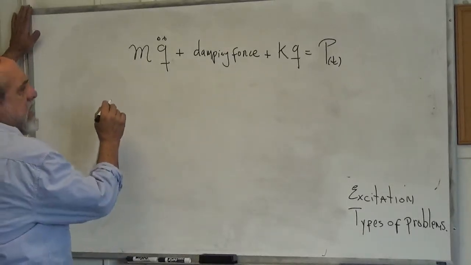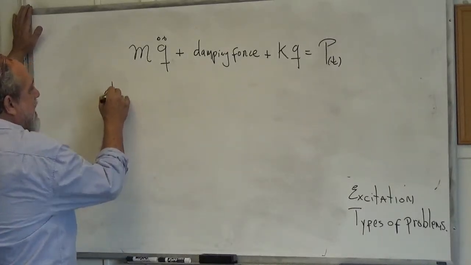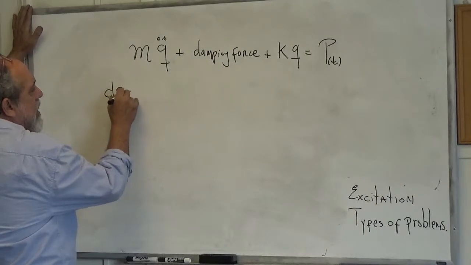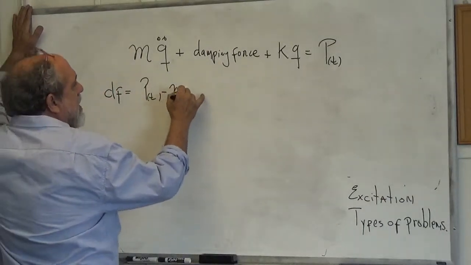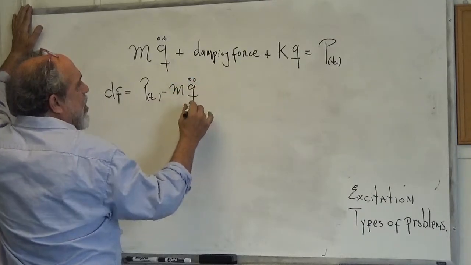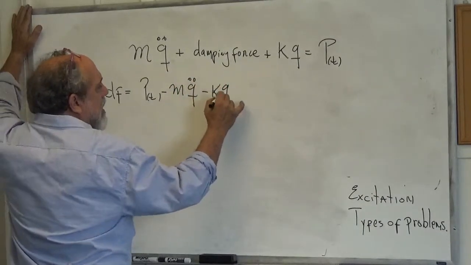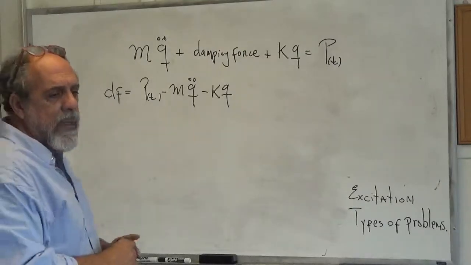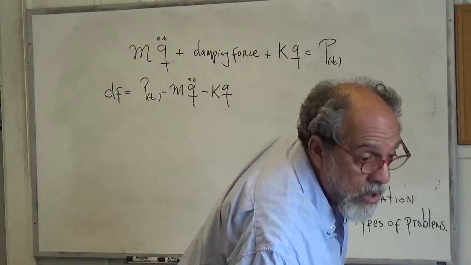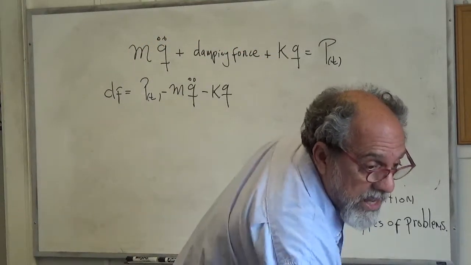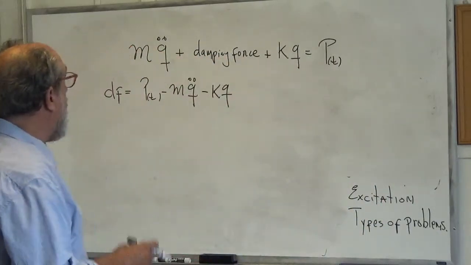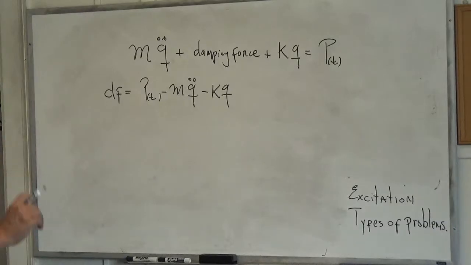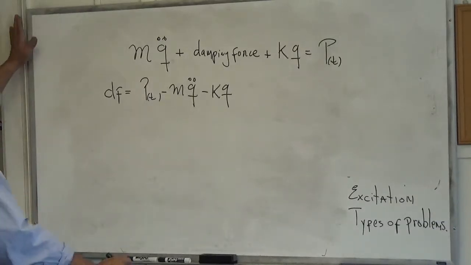Now that means that you could say that the damping force is equal to the applied load minus the inertia minus the resistance, right? So now I have something here that goes into some mathematics that requires the Fourier transform and the Hilbert transform and so on. So I'll skip them.